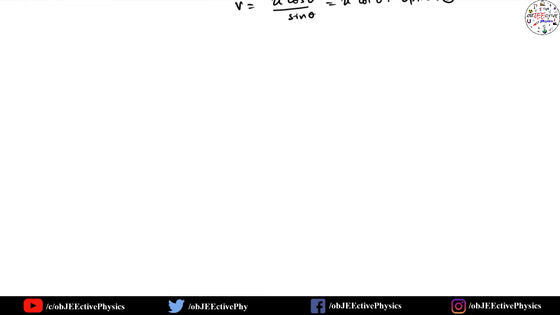Next, 26th question. An object is projected with a kinetic energy k. Its range is capital R. It will have the minimum kinetic energy after traveling a horizontal distance equal to? So 26th question.